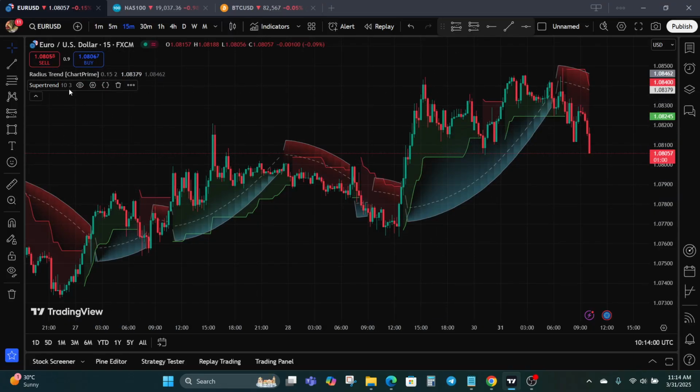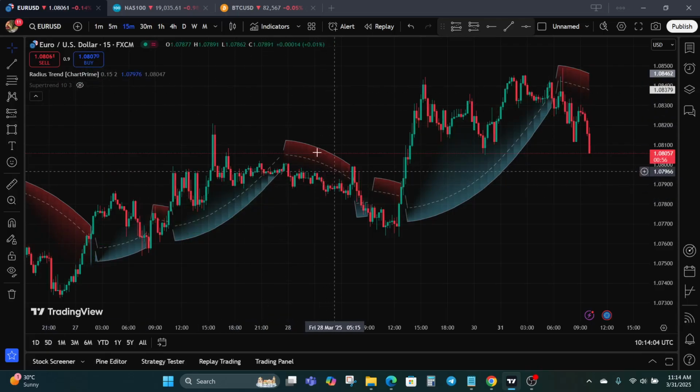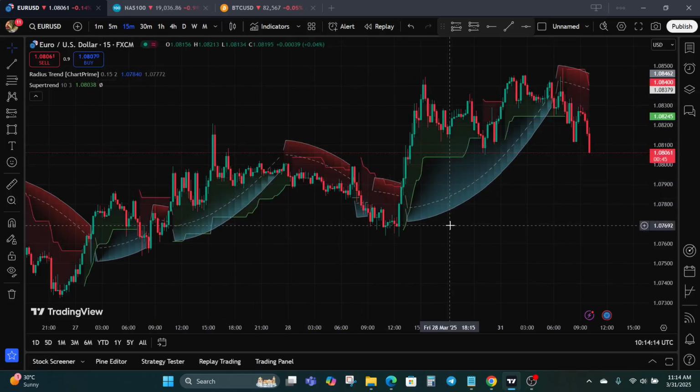While the radius trend indicator is this radius-like indicator, with a blue shaded area and curved lines, and a red shaded area and curved lines. So I'm going to show both of them now. On the chart we have both the super trend and the radius trend.